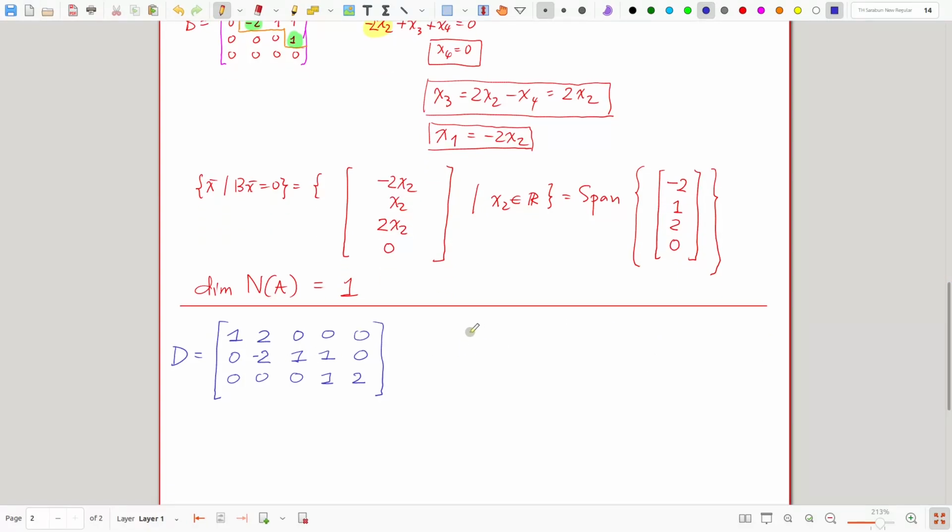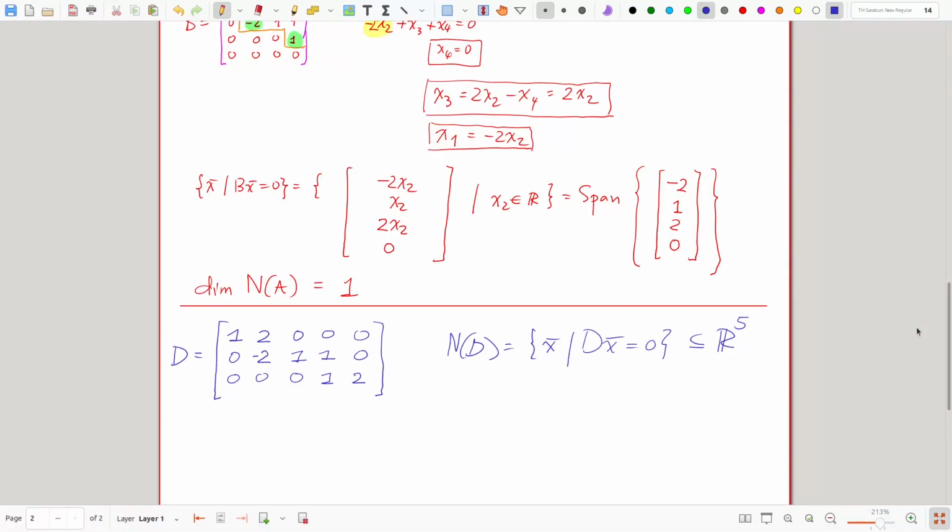Now the null space of D is this vector X, right? So vector X, now you have 5 elements, such that Dx is 1, 0, and it's a subset of R to the 5th.